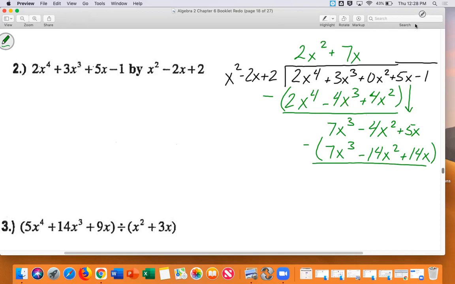Negative 4x squared minus negative 14x squared. Well, 2 negatives make a positive. So that's going to be what? 10x squared. 5x minus 14x is going to be minus 9x. That 1 drops straight down, so it's minus 1.